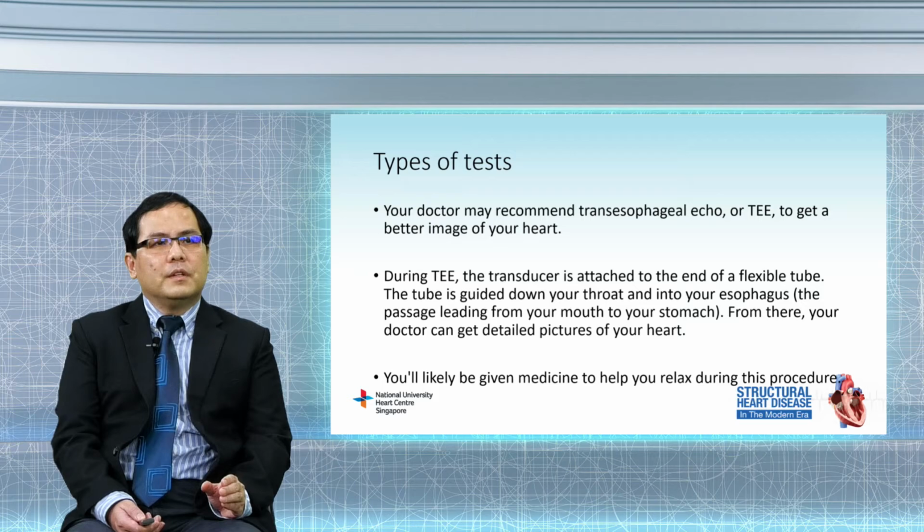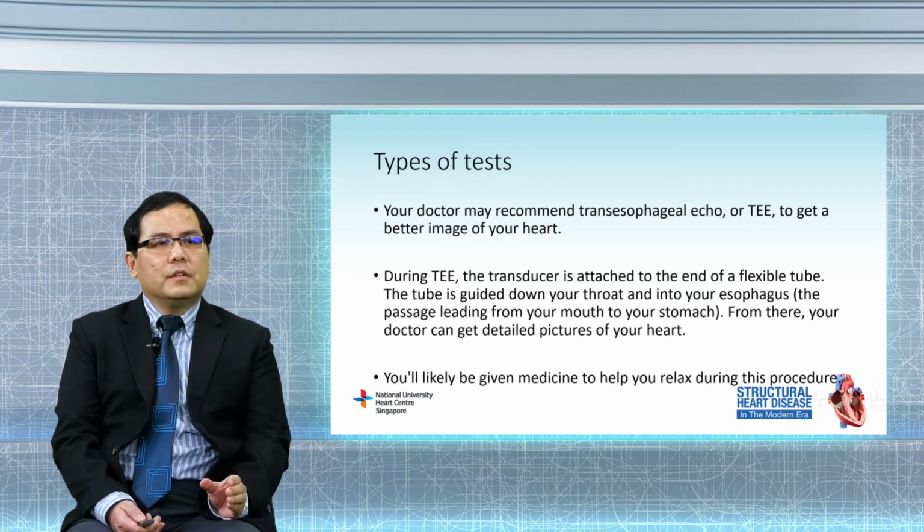The tube is guided down your throat and into the esophagus, which is the swallowing passage leading from the mouth to your stomach. From there, your doctors can get much more detailed pictures of the heart because the heart is just next to the esophagus.